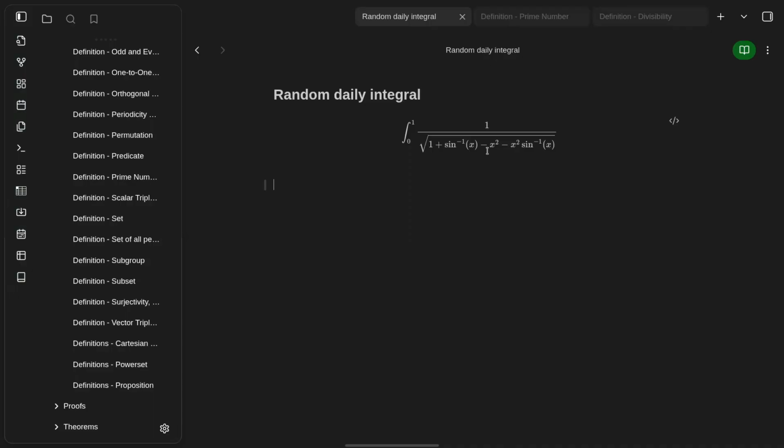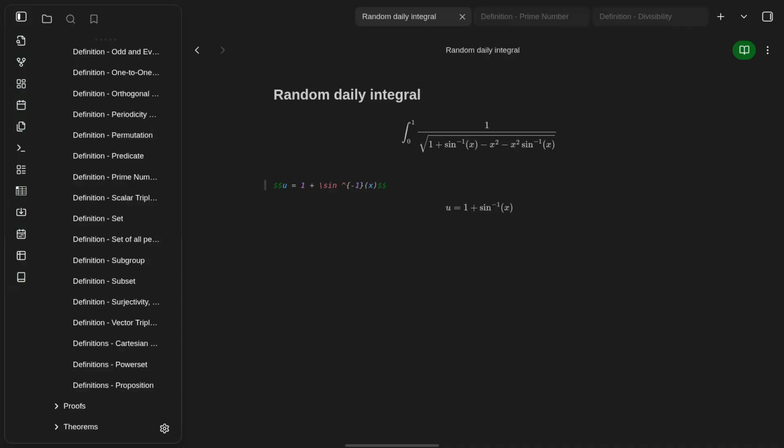My guess is that we're gonna have to do u equals 1 plus that somewhere as a substitution.